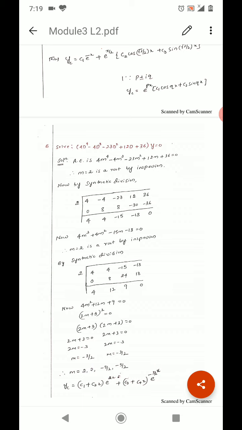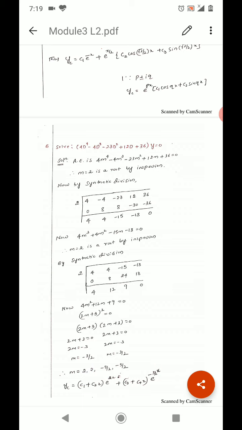So adding 4 and 0 we get 4, multiply 4 with 2, that becomes 8. Again put 8 below the next term, that is minus 4. Adding 8 and minus 4 we get 4. Again multiply 4 with 2, that is 8. Putting 8 below minus 23 and adding, we get minus 15.